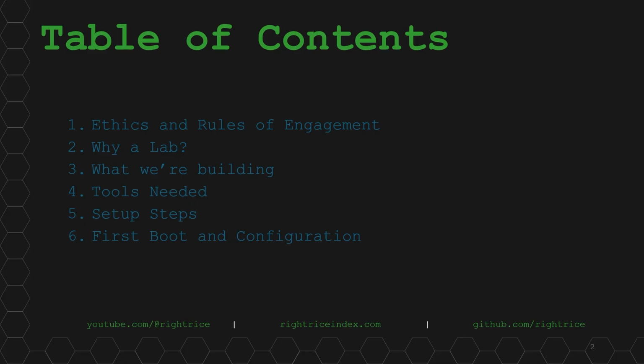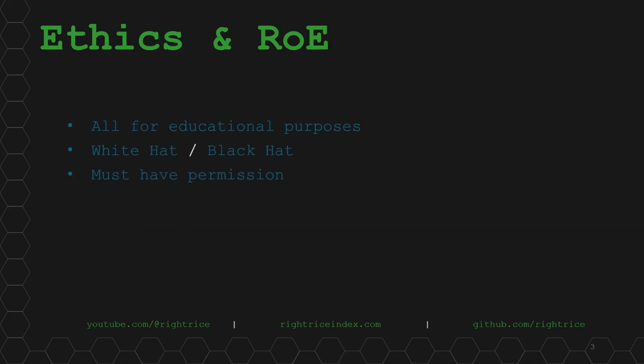So why a lab? We're going to talk about that, what we're doing in this lab, the tools you're going to need, and some steps. And then once we've got it booted up for the first time and configured, we're gonna make sure that everything's talking the way it should.